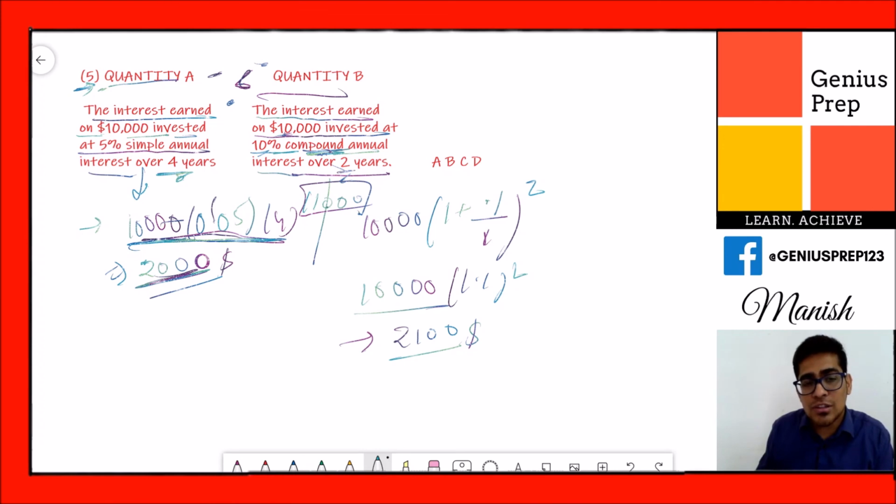So just use logic. The interest on 11,000 will definitely be more than the first year's interest. So this value is always greater than quantity A.